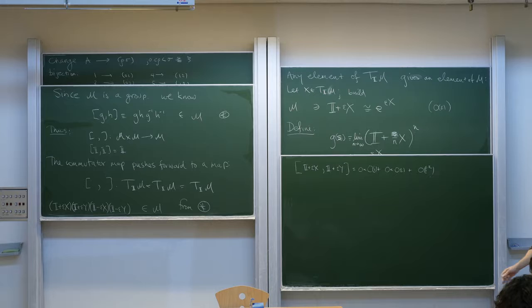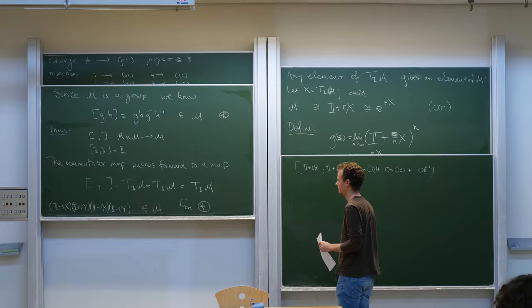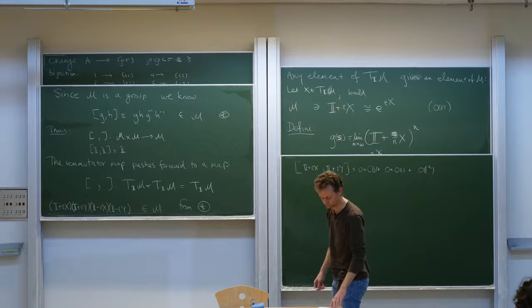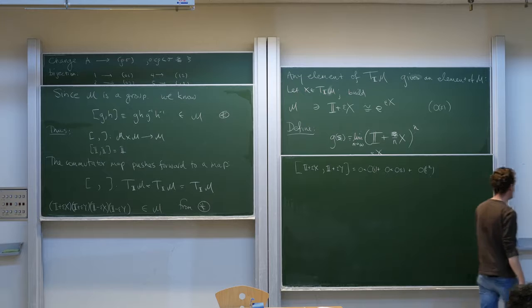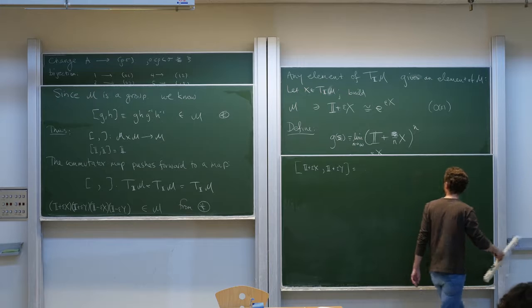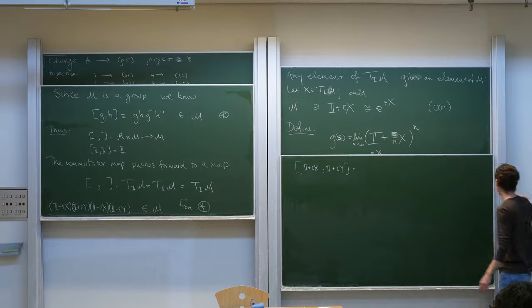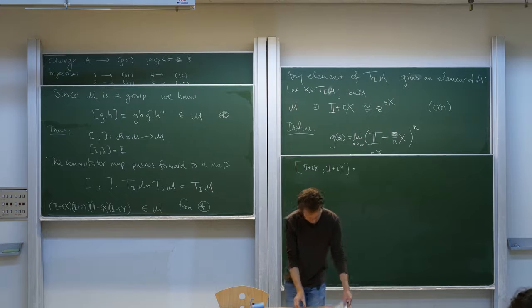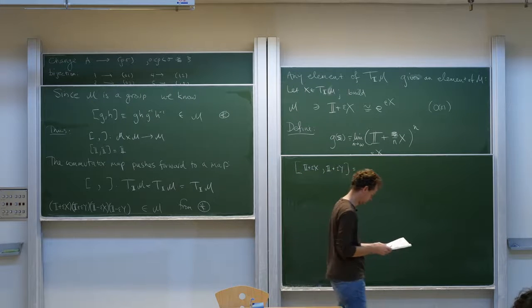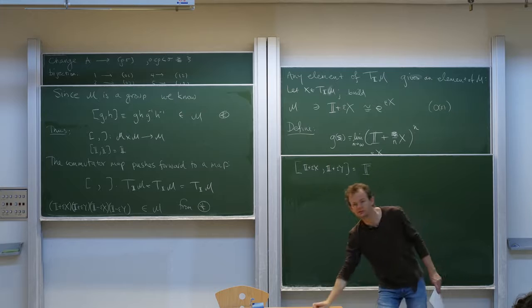So the first two orders are zero in this group commutator. So the first term is indeed an order 1 term, right?